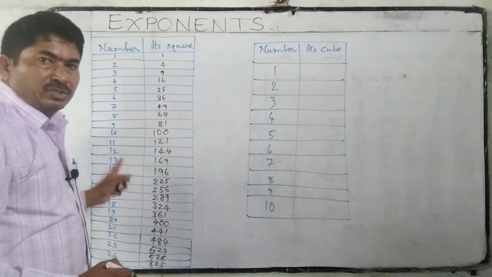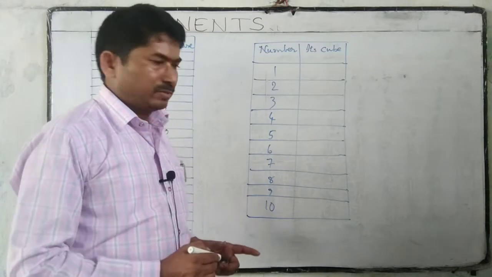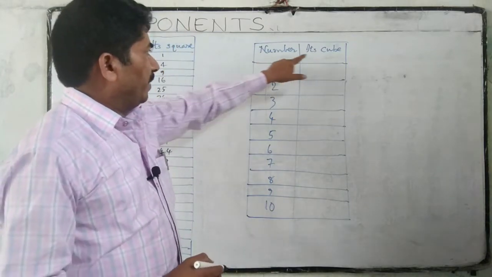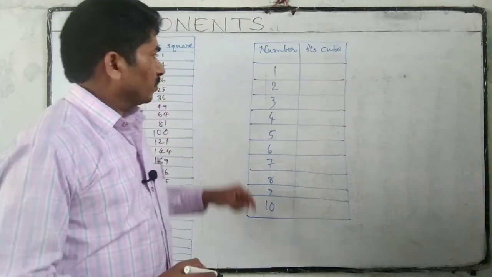These are standard squares. Next, a number and its cube.